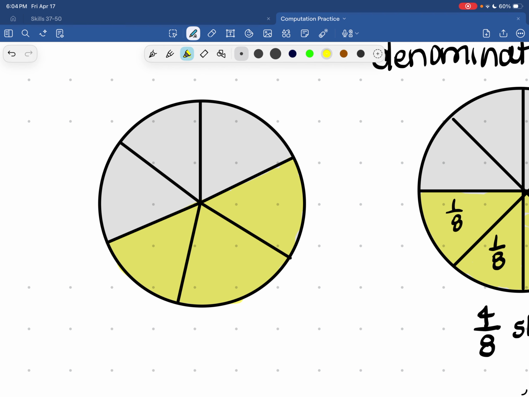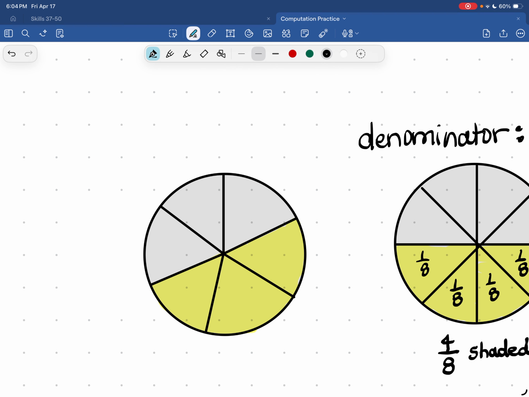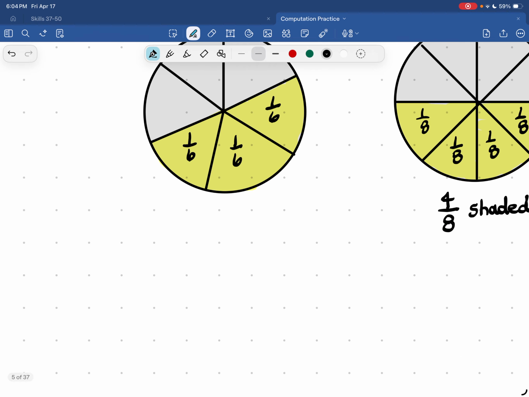So for this one, I forgot to ask you before I colored, but it's okay. What would the denominator be for this pizza? How many people will this pizza serve? 6. And here I have 1/6, 1/6, and 1/6. And that is a total of 3/6.